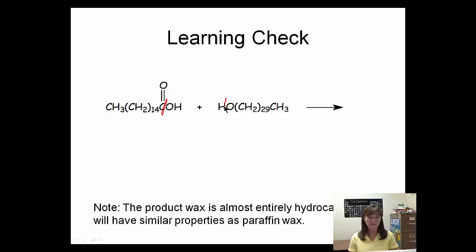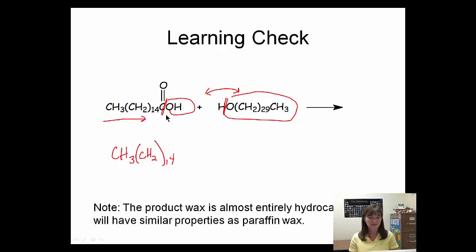And we're going to break between the hydrogen and the oxygen on the second molecule. And we are going to swap places. So I'm just going to start writing this compound from left to right. Sometimes you may have flipped over the molecule, but that's fine. CH2, I've got 14 CH2s. I still have this carbonyl group, but now instead of being bonded to the OH, it's going to bond to the other circle.